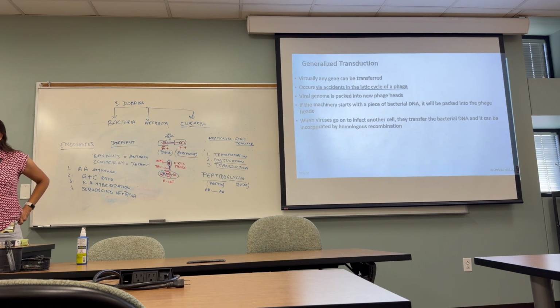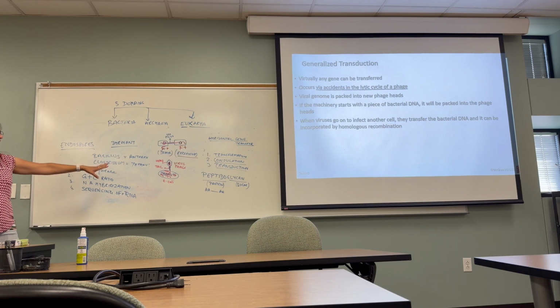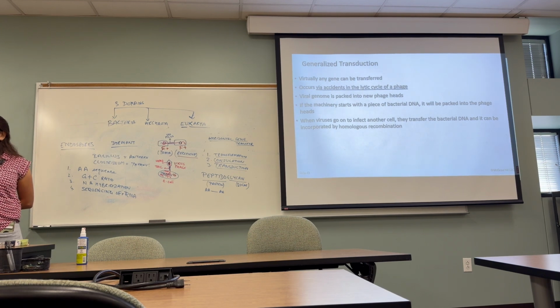Now, generalized transduction, there are two ways, like I already explained. This is generalized, then you can have specialized also. So generalized occurs because of the lytic cycle of the phage. What is the lytic cycle?